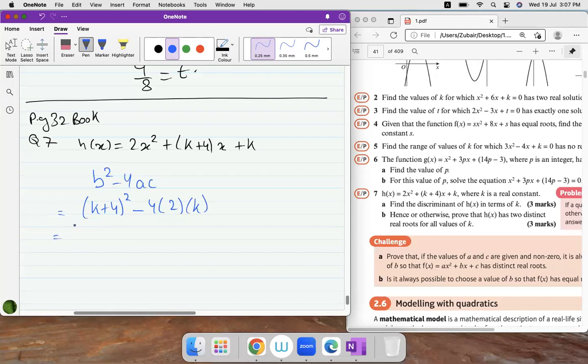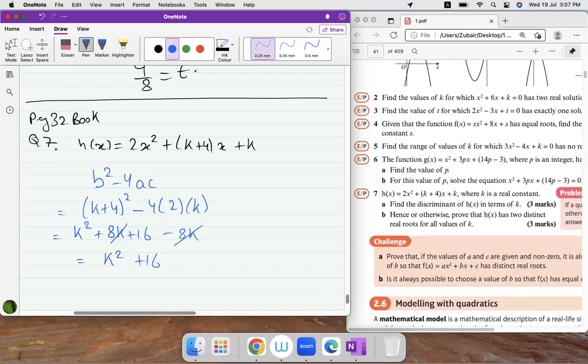Simplifying this in terms of k, a square plus 2ab plus b square minus 8k. So this is k square plus 16.